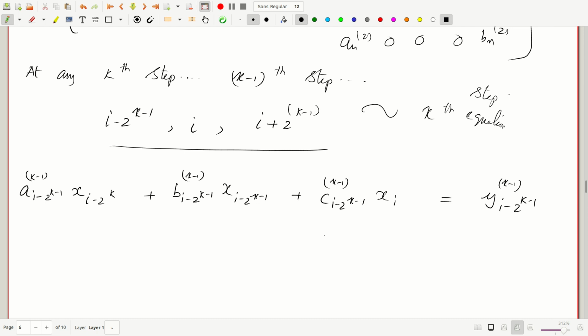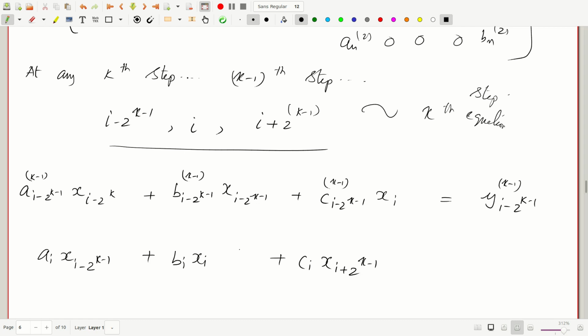You would have a_i, b_i, x_i, right? So I would just write it here. So you will get a_i x, we will write the subscript later, so b_i x_i, and then plus c_i x_{i+2^{k-1}}, and this should be x_{i-2^{k-1}}.